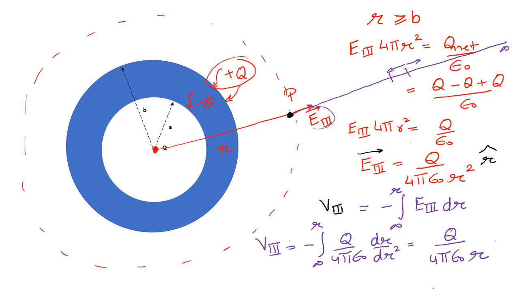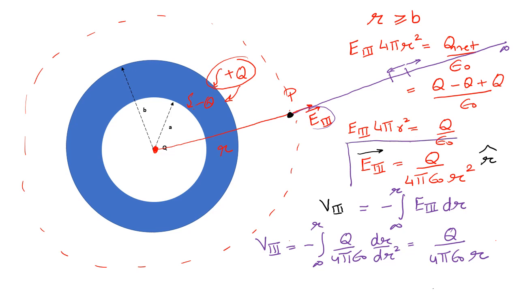We have not gotten any surprising results. The same observations we have been making before, that outside a symmetric sphere, it acts like a point charge, as if the whole charge was sitting in the center. Even when we have conductors, we get exactly the same thing.